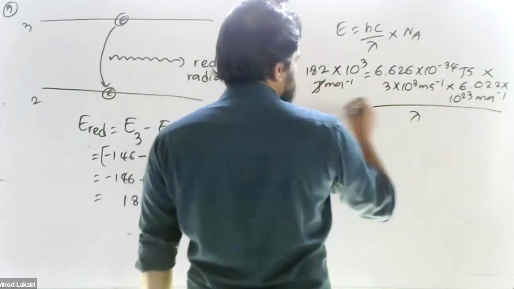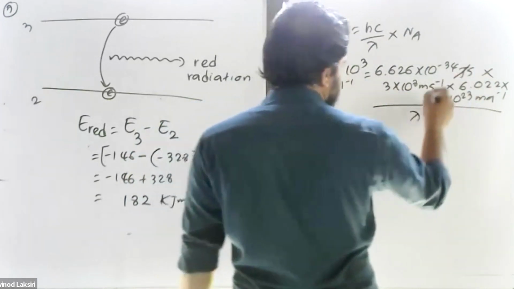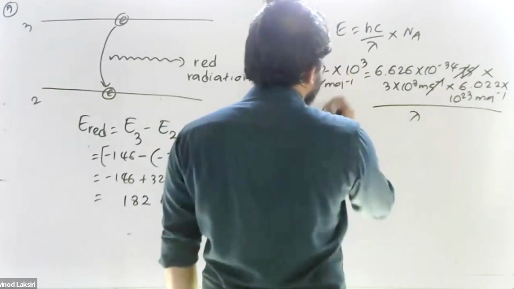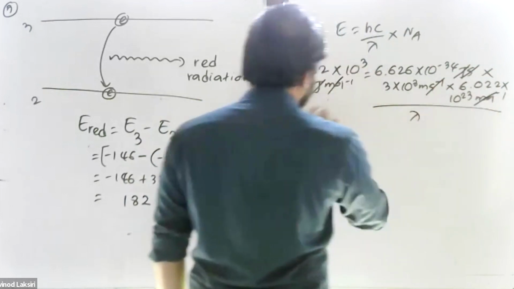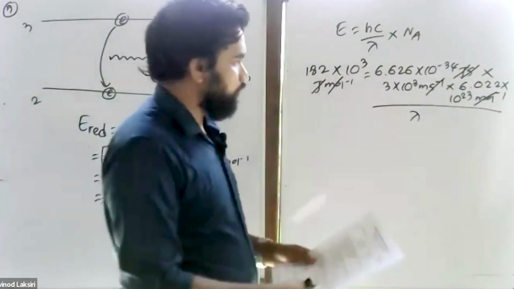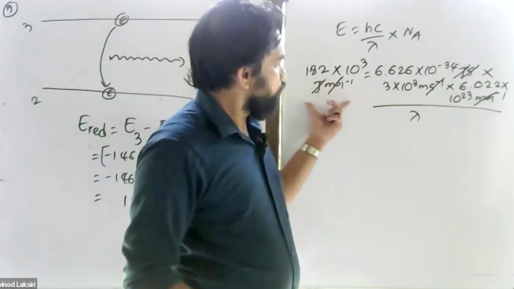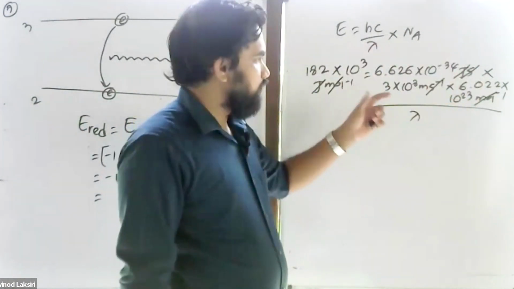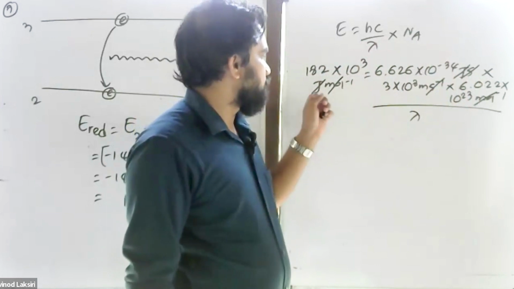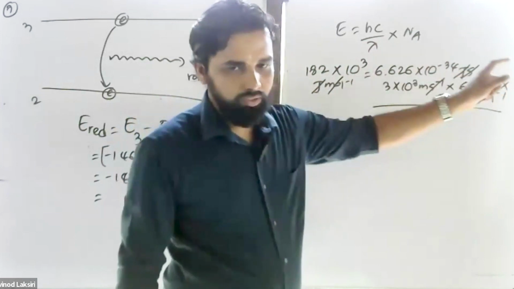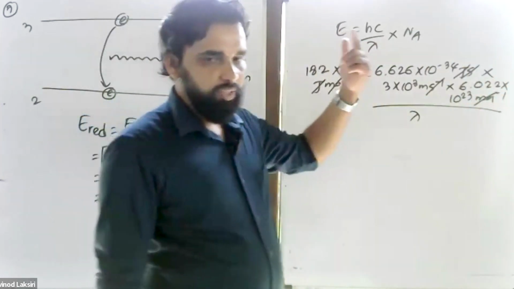Then we can cancel the units: joules and joules cancel, per second and second cancel, and per mole cancels. Always, when you write down the equation, you have to indicate the units, then cancel and simplify them. Because sometimes a student may substitute kilojoule, then we cannot cancel the kilojoule and joule, and we can think there is something wrong.